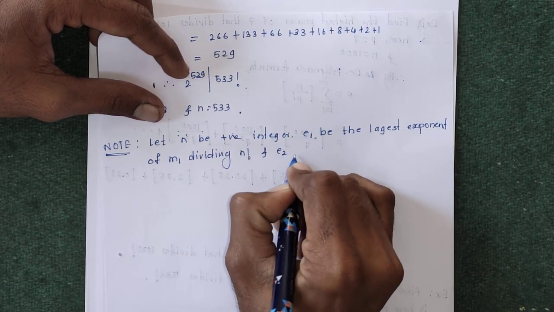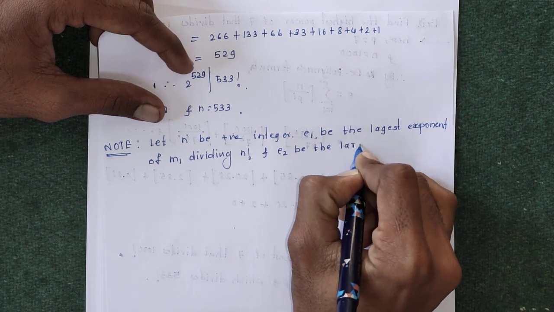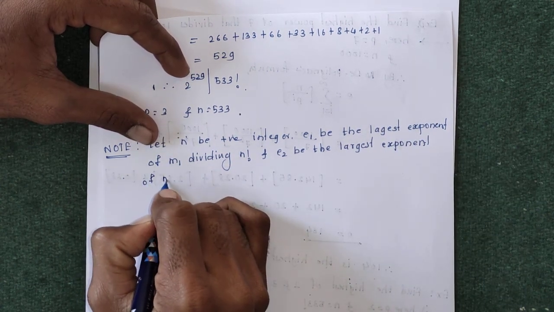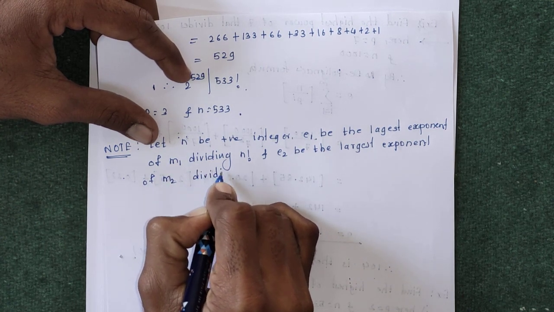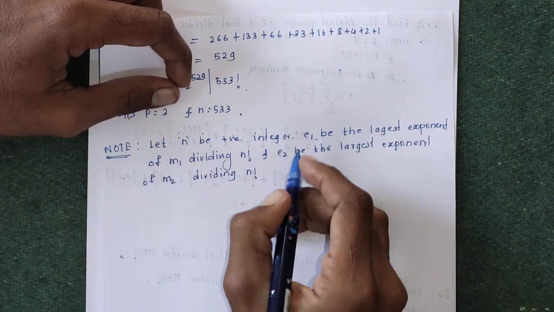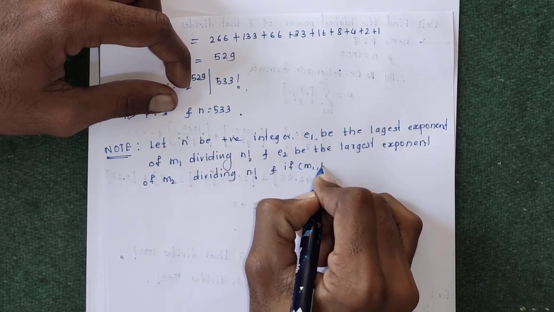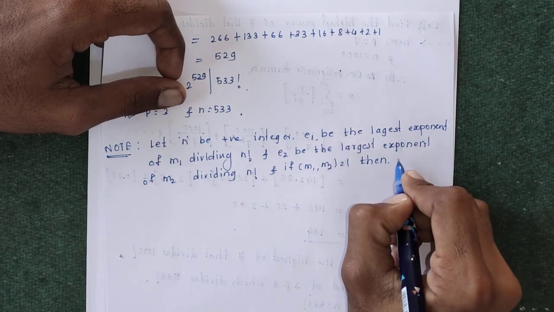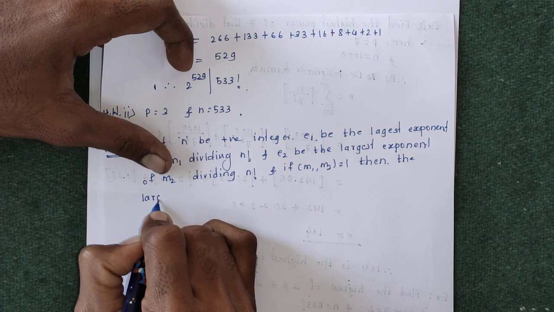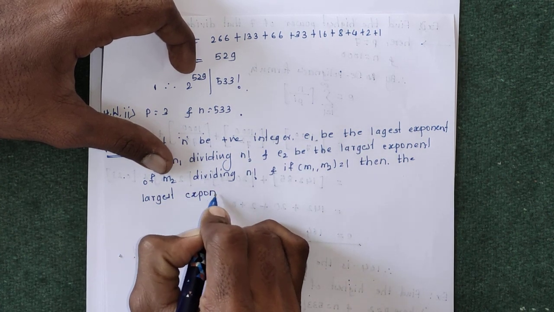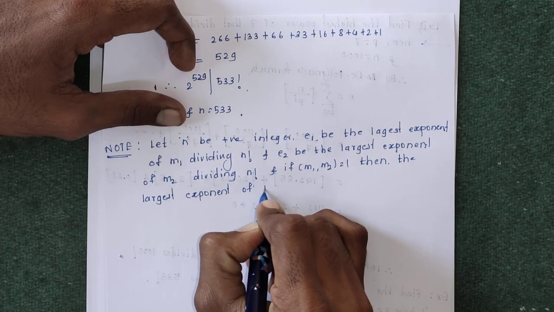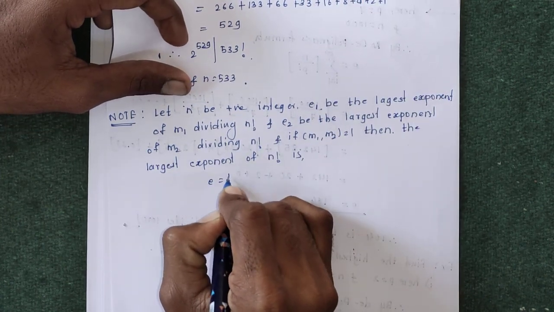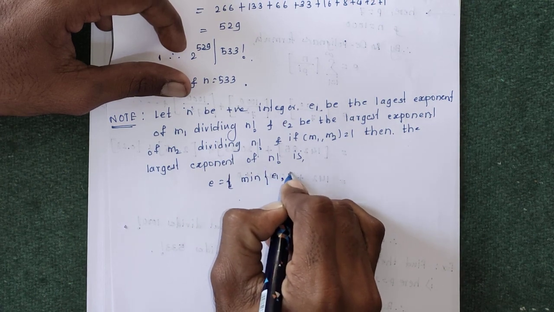Also suppose e2 is the largest exponent of some m2 dividing n factorial, and if GCD of m1 and m2 is equal to 1, then the largest exponent of m dividing n factorial is e, which is equal to the minimum of e1 and e2.